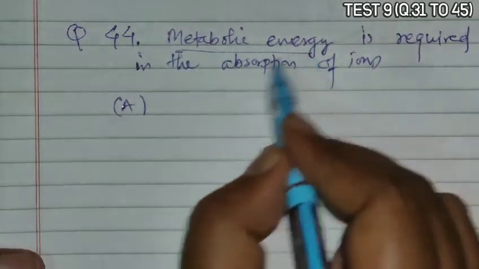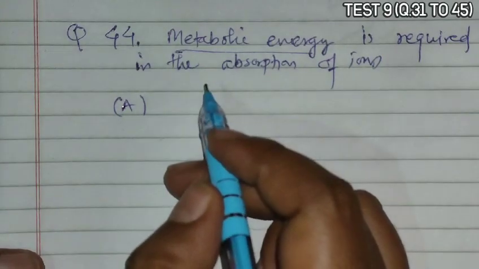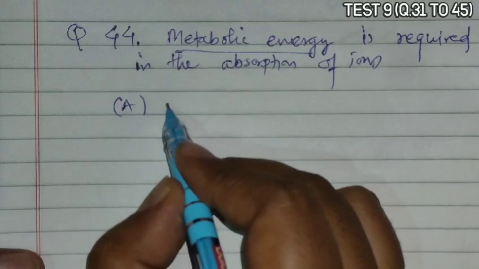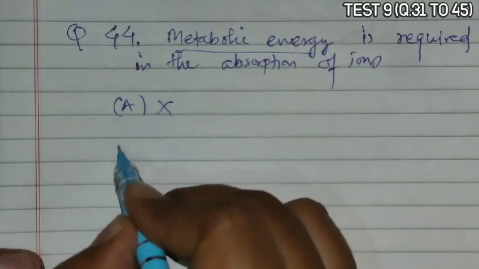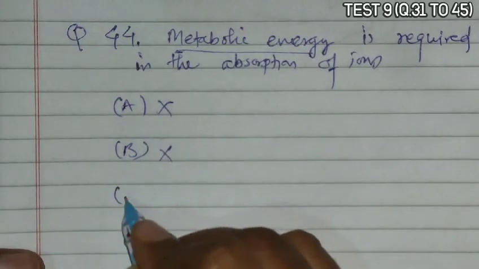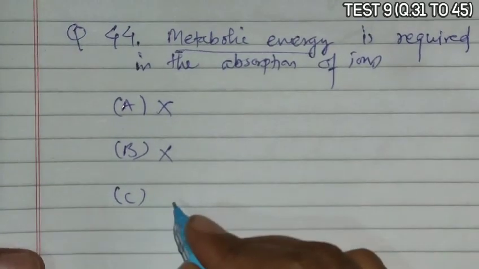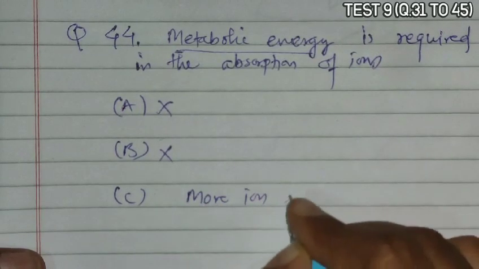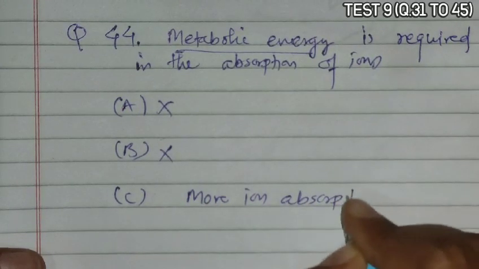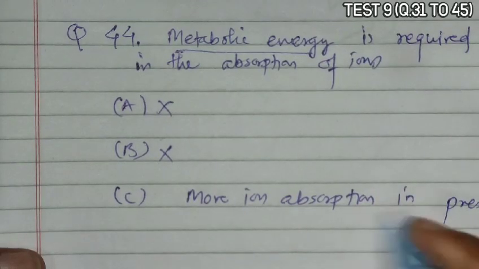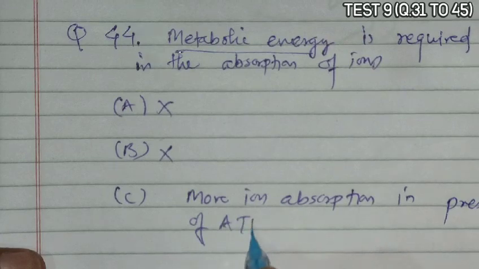If metabolic energy is involved, then there should be a use of ATP and there should be active absorption. Option A is more ion absorption in presence of oxygen. No, respiration increases. Option B, less ion absorption in presence of oxygen. So no relation with oxygen. Option C, more ion absorption in presence of ATP.